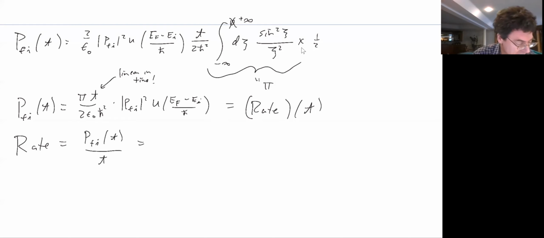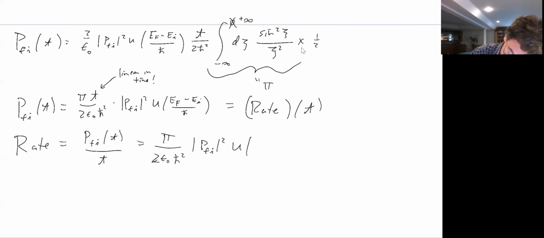So I just divide out the time and I have the transition rate, which is going to be pi over 2 epsilon naught h bar squared times the dipole matrix element, p phi squared, times u at that special frequency where that's equal to EF minus E initial over h bar.